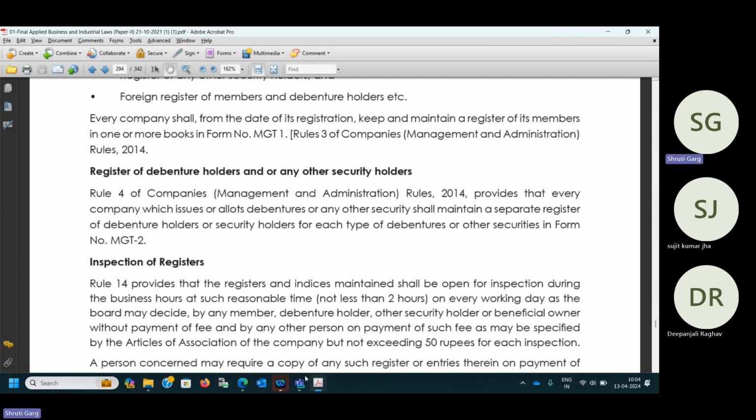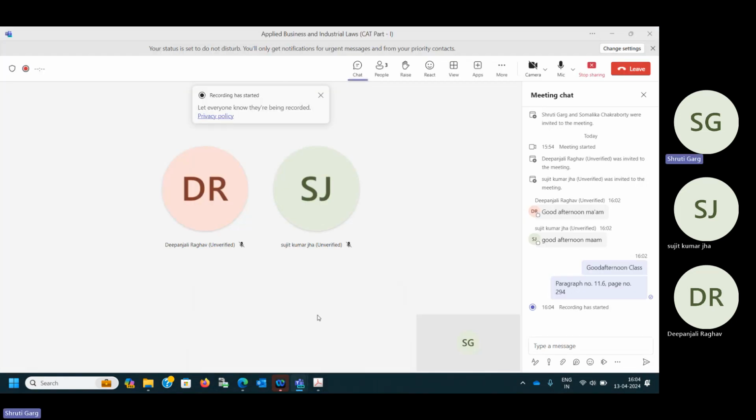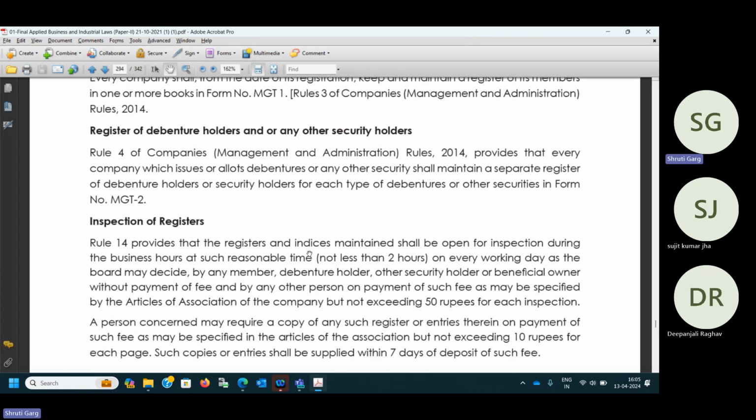Now, inspection. Who can do inspection of the registers of the company? Every shareholder has a right to do inspection of the register of members of the company. Rule 14 provides that the registers and indices maintained shall be open for inspection.